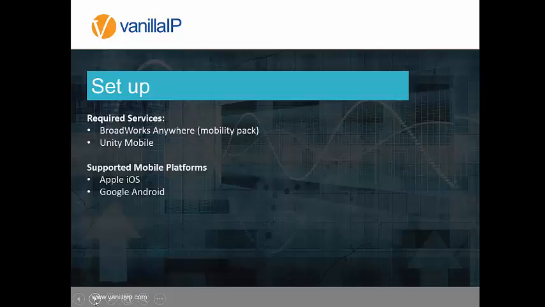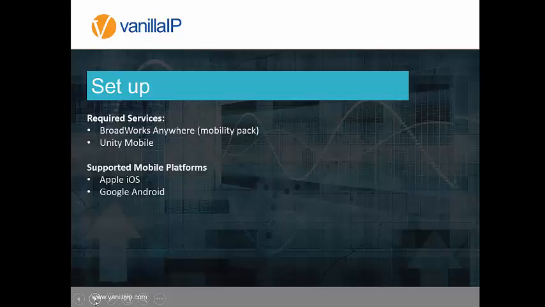So from a licensing point of view, there are a couple of things that you will need set up. The user will obviously need the Unity Mobile license assigned to them within the portal as a user, and they will also need BroadWorks Anywhere assigning for it in order for the application to know which mobile number to dial. Now, in the new world of packages and pricing, which again we've done a previous webinar on, that forms part of the mobility package.